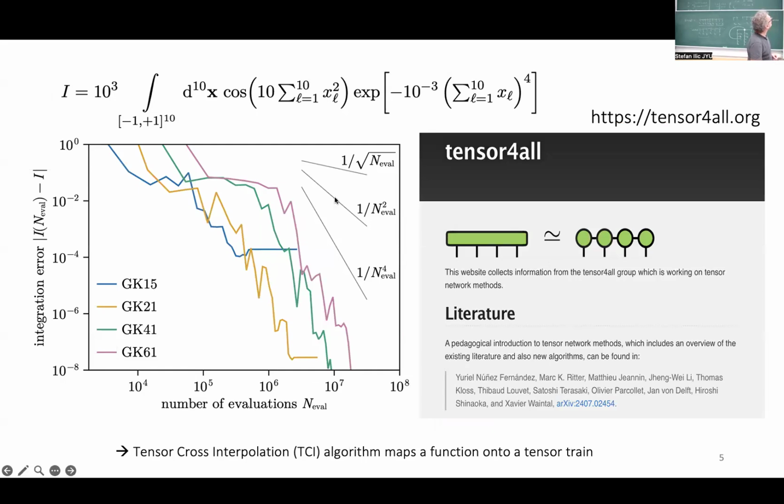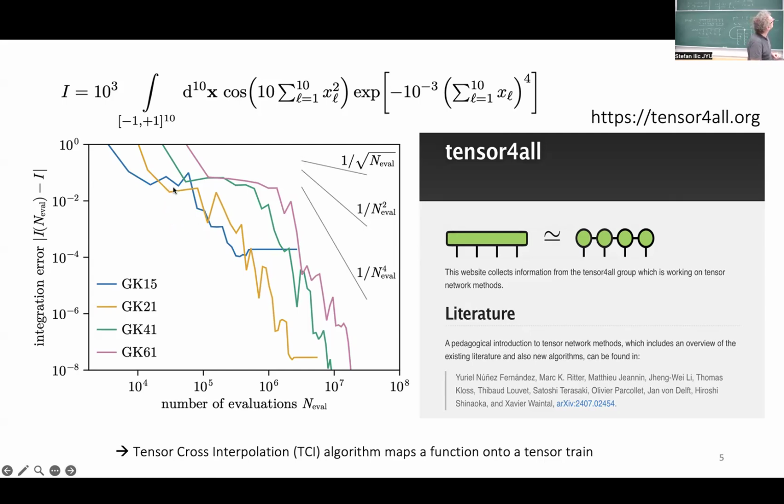This is an example of an integral. In this case, it's a cosine in 10 dimensions: cosine of 10 times the sum of the squares of the variables, times exponential of minus the sum of the variables to the power 4. Whatever. You give this function to TCI, and this is the error versus the number of evaluations of the function, so the number of times you actually call it.